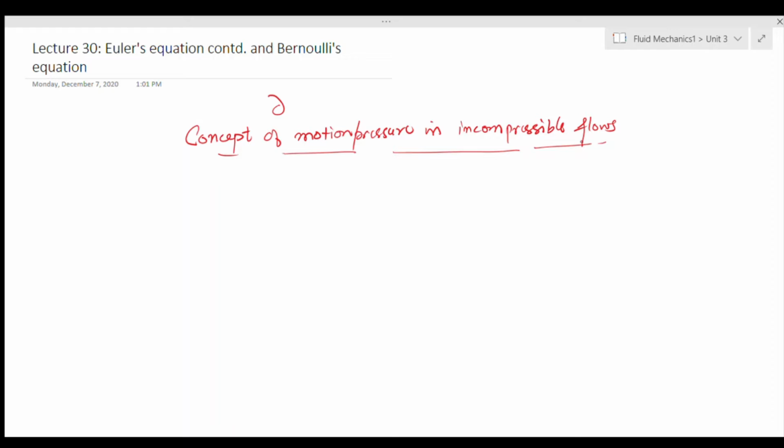If it was a compressible flow, then pressure would also have been utilized in changing the density, but in incompressible flow, the pressure and the acceleration due to gravity, this body force, both contribute to accelerating the flow. They are the reason because of which the flow happens.